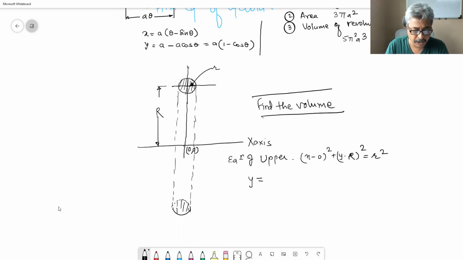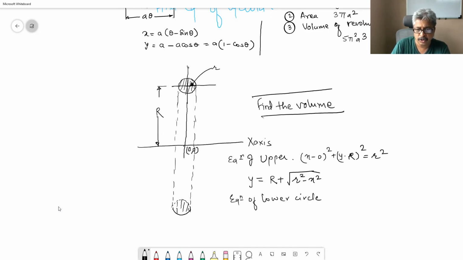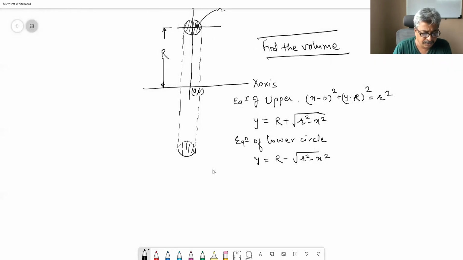And if we simplify, we get y is equal to capital R plus radical r square minus x square as equation of upper circle by expanding, simplifying, etc. Equation of lower circle is going to be y is equal to capital R minus radical r square minus x square. You arrive at this and then you start using your formula for volume of revolution.